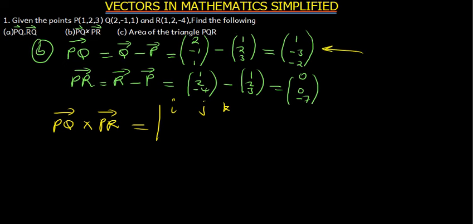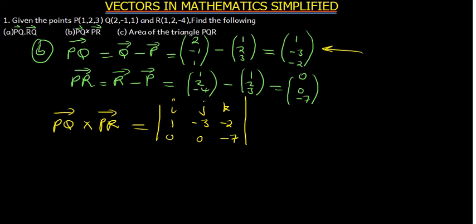We're just going to get the values 1, -3, and -2, putting them down. So 1 is going to be under i, because that is an x value. -3 is going to be under j, that is a y value, and -2 is going to be under k, that is in the z axis. And then for the PR, we are going to also write 0, 0, and -7.